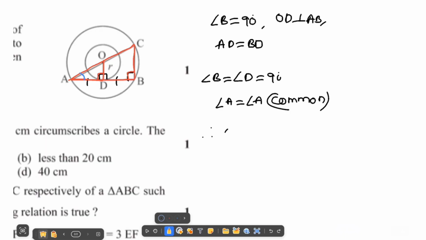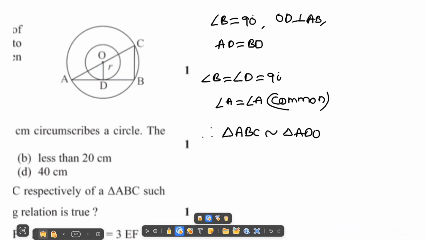So the big triangle ABC is similar to the small triangle ADO by angle similarity. Angle B equals angle D, both are 90 degrees, and angle A is common. So both are similar by angular similarity.